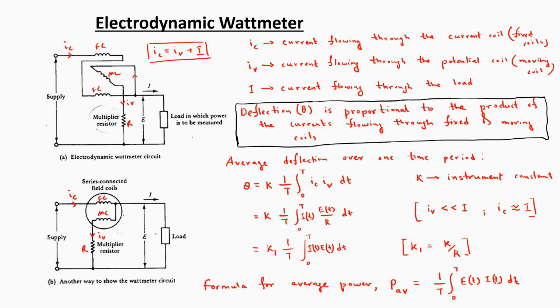So that is the general formula used to calculate average power.